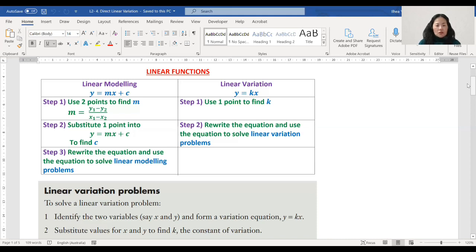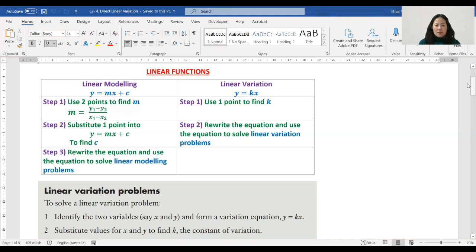And when you work with 2 points, obviously you've got to decide which one is your first point and which one is your second point. Why is it important? The first point coordinates we name x1, y1, and the second point we name x2, y2.